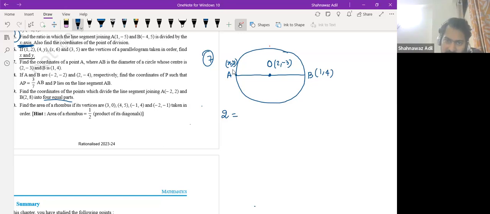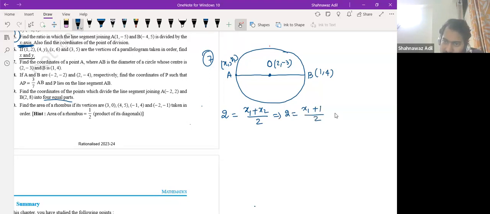Let me write it as x1 and y1 so that it is more clear. You don't know x1 and y1. So 2 is x1 plus x2 by 2, right? You are given x2, and x1 you don't know.